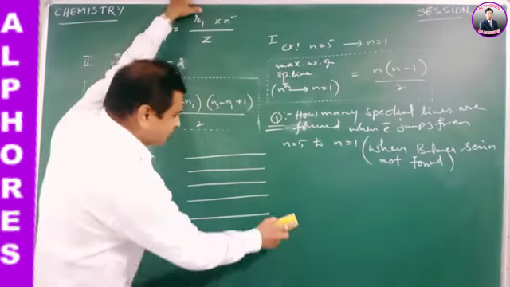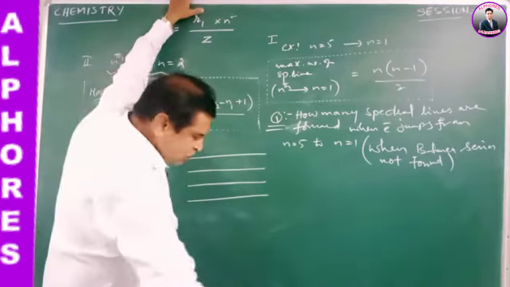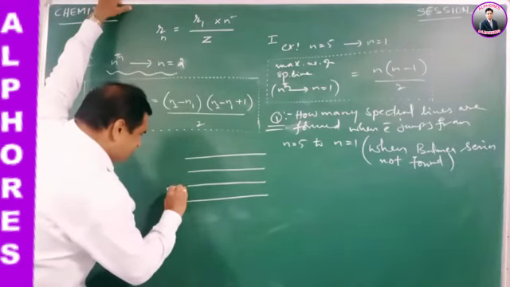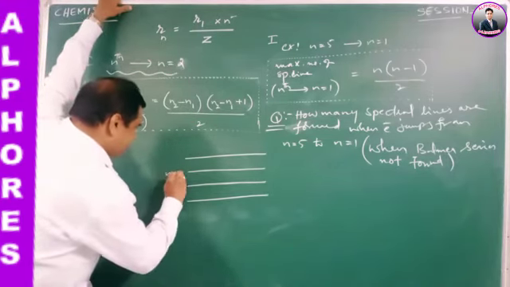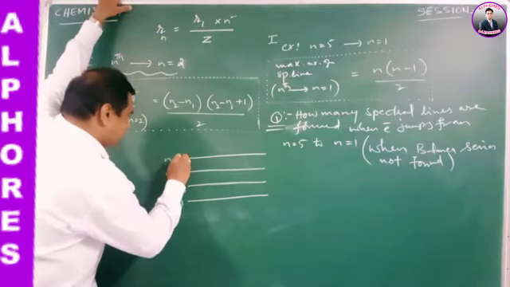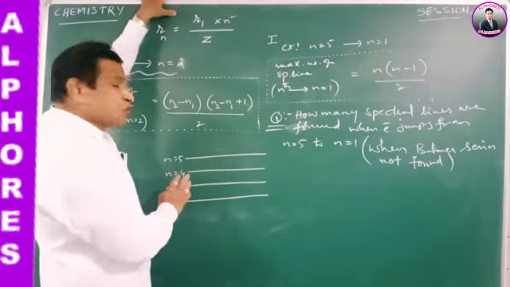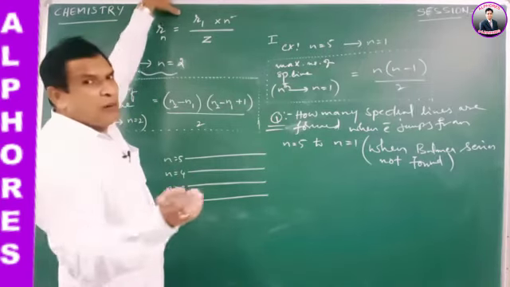Let us neglect that orbit. So now we have n is equal to 1, 3, 4 and 5. To avoid confusion, I completely removed the 2nd orbit.